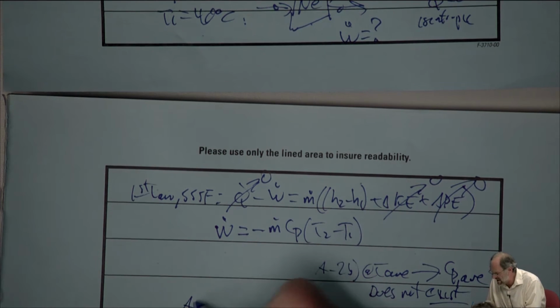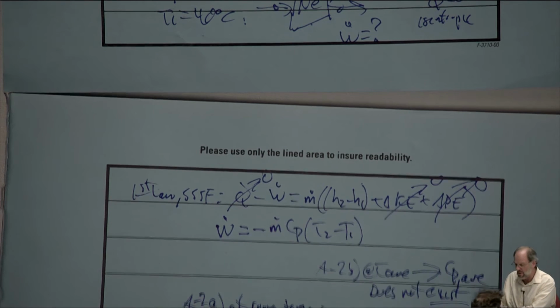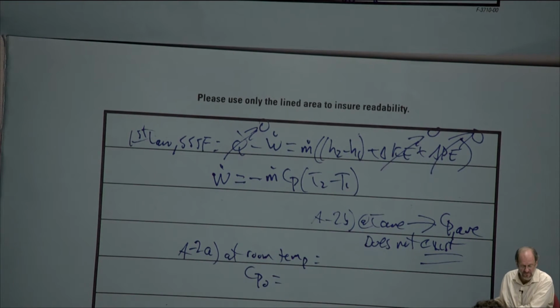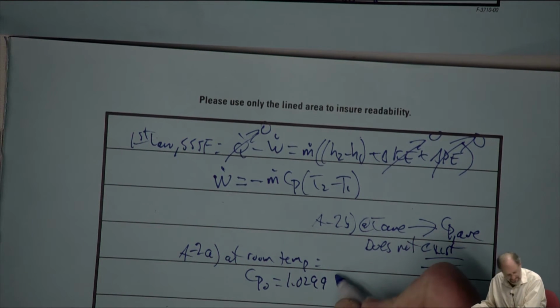Why don't we just go into table A2 part A, and at room temperature, we'll find the value of Cp, which we'll just call Cp0. And we just look up the number, and it's 1.0299 kilojoules per kilogram per Kelvin.